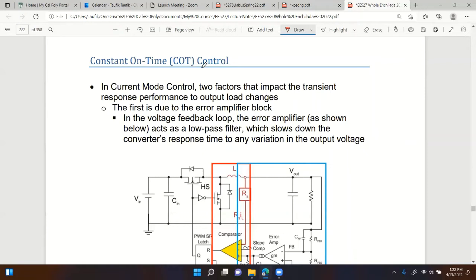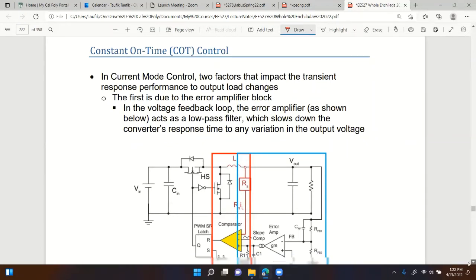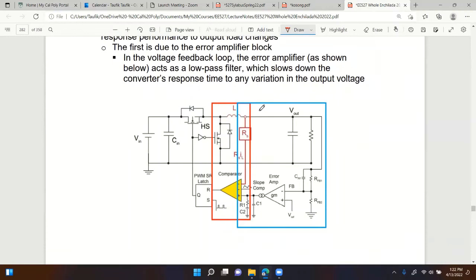The first one is that due to this error amplifier block, the blue one right there, in the voltage feedback loop, the error amplifier acts as a low pass filter.